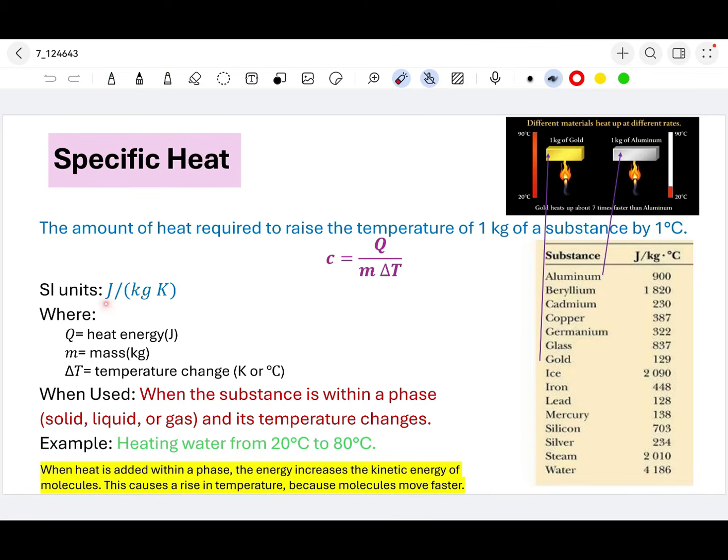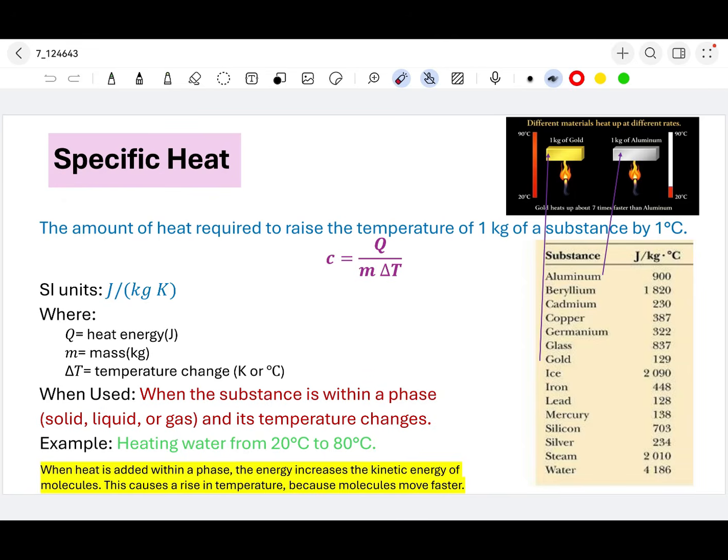The SI unit is joule per kg Kelvin, and the formula is C equal to Q over M into delta T. Okay, so we use this specific heat when the substance is within a phase, either it is in the solid phase or liquid phase or in the gaseous state, not during the phase change.